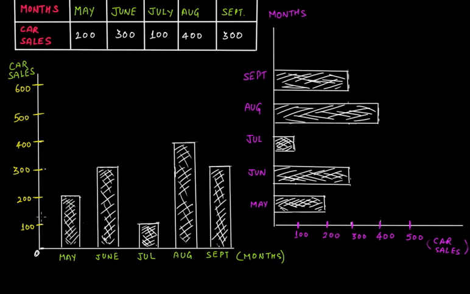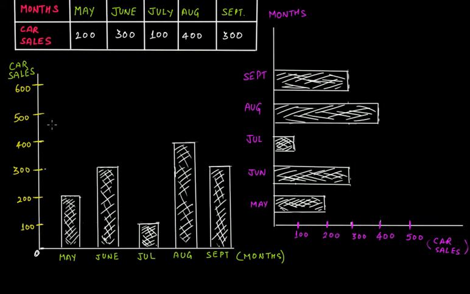In the first diagram, the car sales was on the vertical line, and in this case we have interchanged the position and placed the car sales on the horizontal line. Like it has been rotated, right? Changed the position. But they are showing the same information. They are representing the same data. That's for the months, what were the car sales. In the first case the bars were placed vertically, and in this case the bars were placed horizontally.